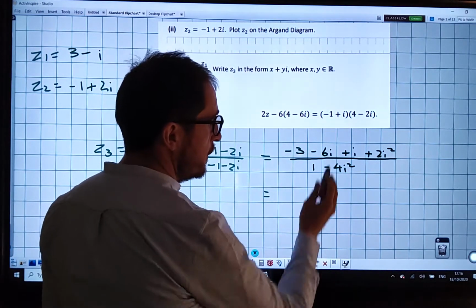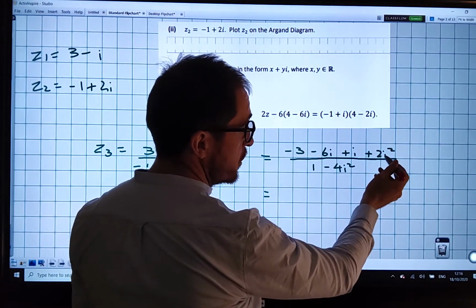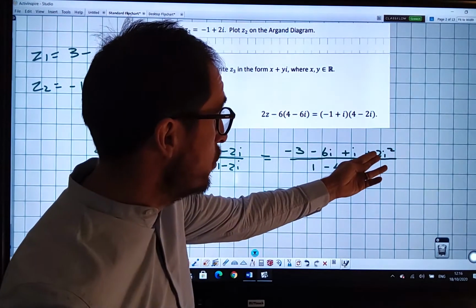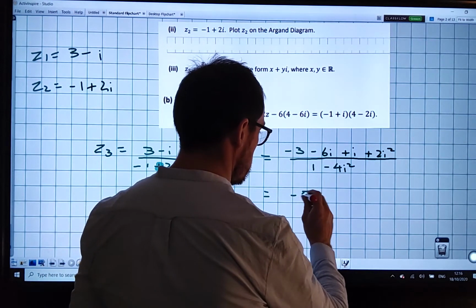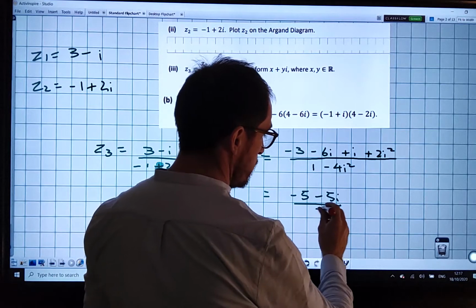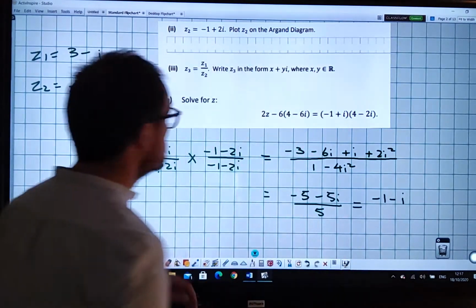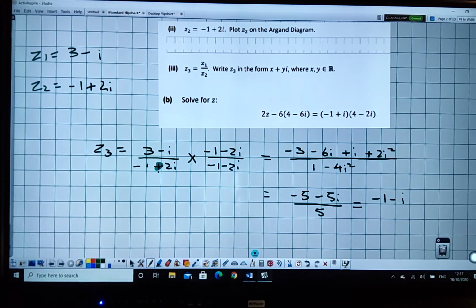So that's equal to minus 6i. So minus 3, that's going to be plus 2i squared, so it's minus 2. Because 2 times minus 1, so that's minus 5. Minus 5i. That's going to be 1 plus 4, so it's 5, which can be written as minus 1 minus i. And that's that one there.